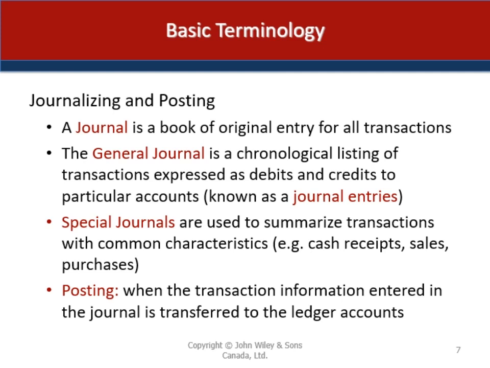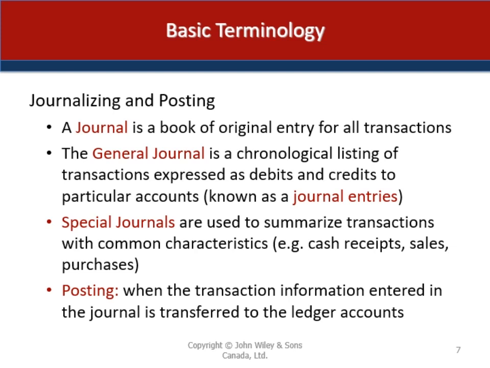There's no distinction in the general journal concerning the type of transaction involved. In addition to a general journal, we often have specialized journals, and those specialized journals account for transactions which are repeated with very similar characteristics. So they're used to accumulate transactions possessing common characteristics. The special journals would benefit the accounting process by making it easier by summarizing similar transactions.